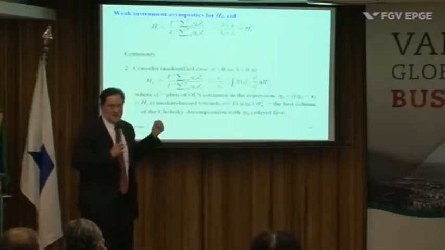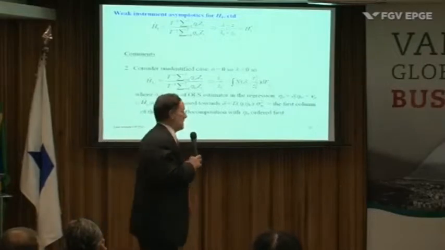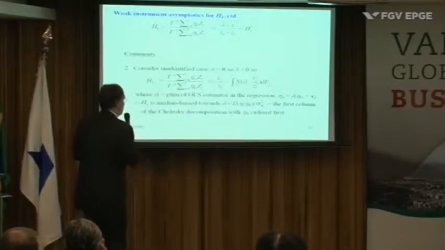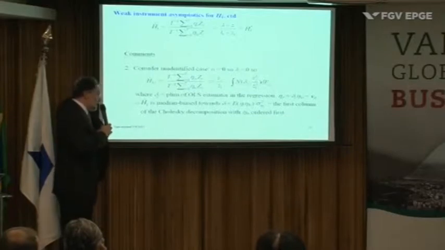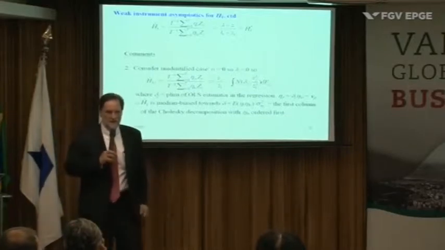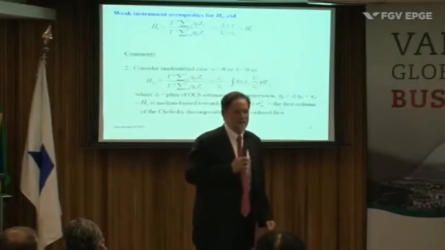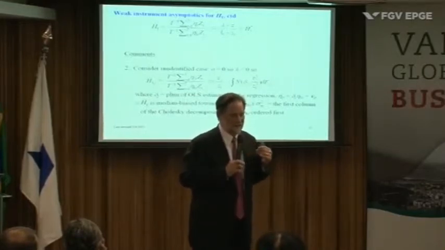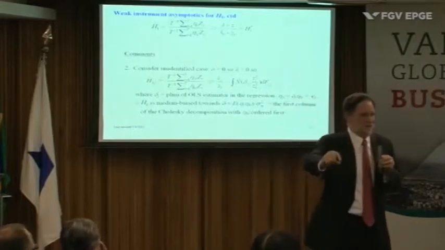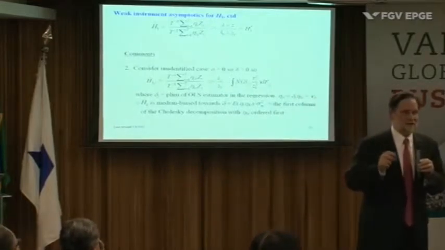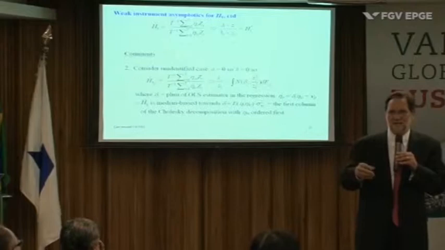Here's another result that's not obvious. Well, I guess it's obvious once you see it, but it wasn't obvious until I saw it. Let me state the result. Suppose I use an instrument that's not only weak, it's useless. I just made it up.